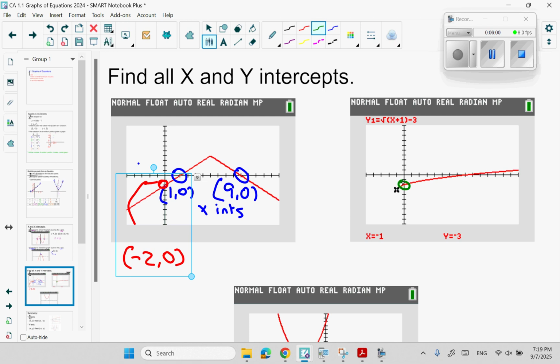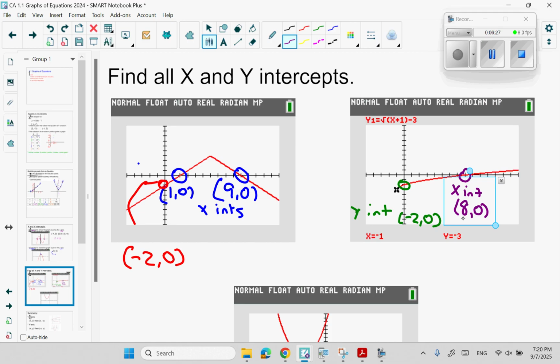Over here, it looks like we get a y-intercept at -2, 0, and an x-intercept at 8, 0.